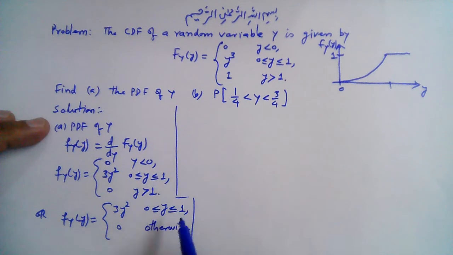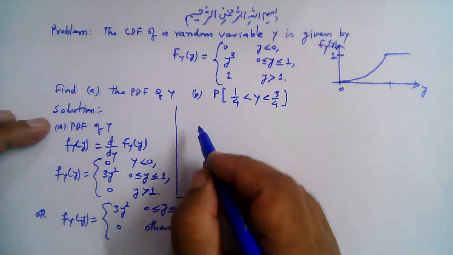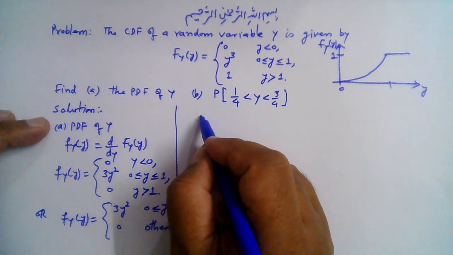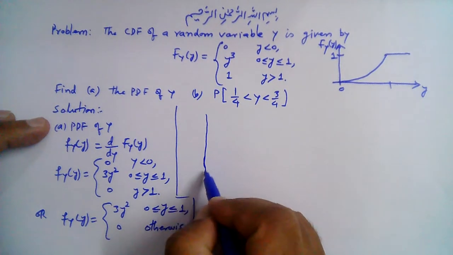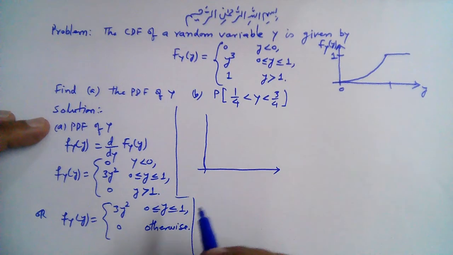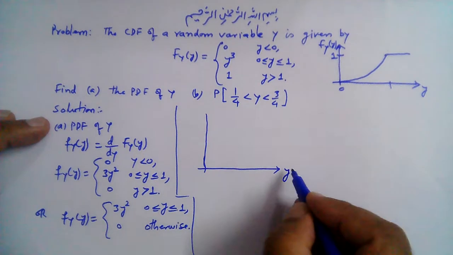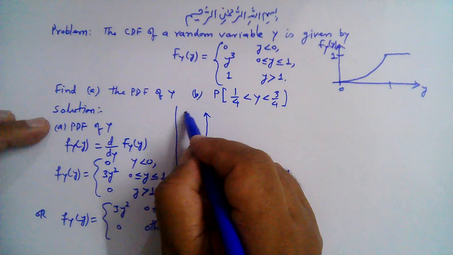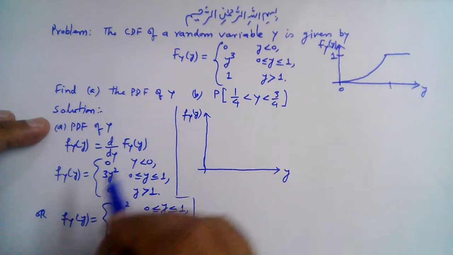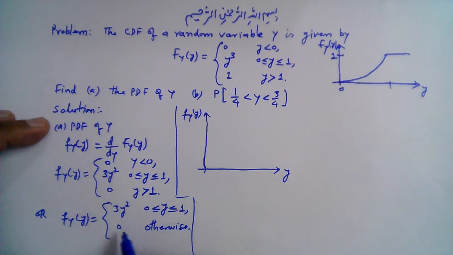So we can plot this function, the PDF. For example, if this is y and this is f_Y(y), then you see at 1 it becomes 3. And at 0 this is 0.